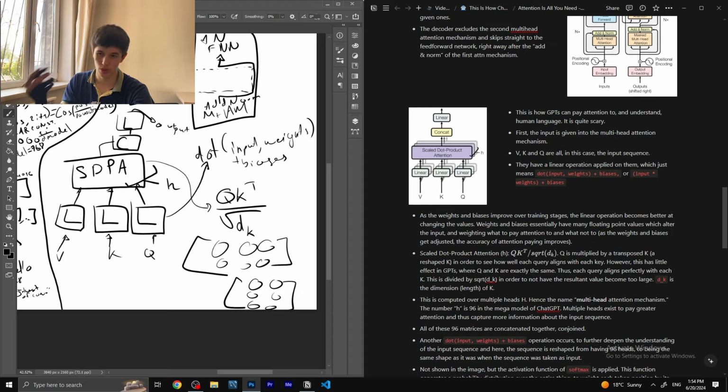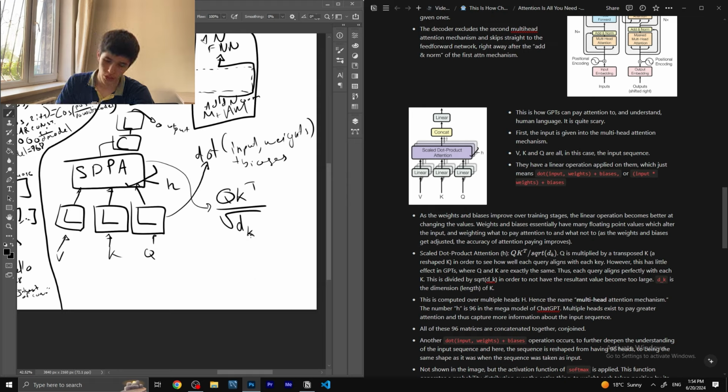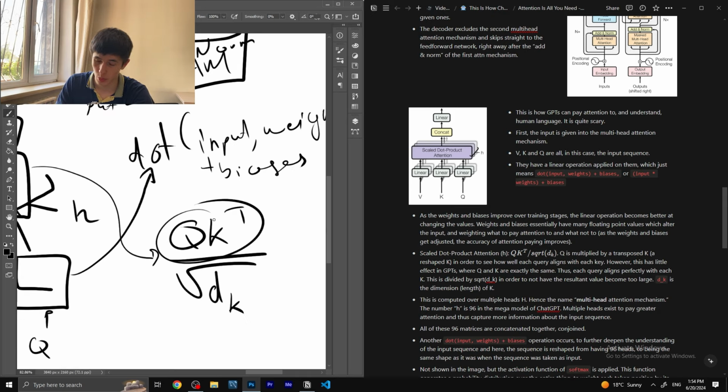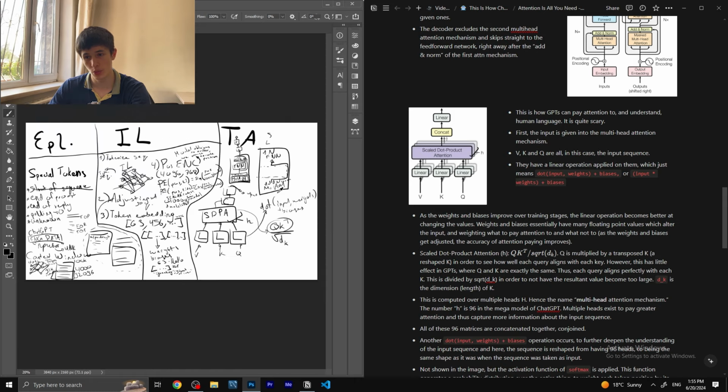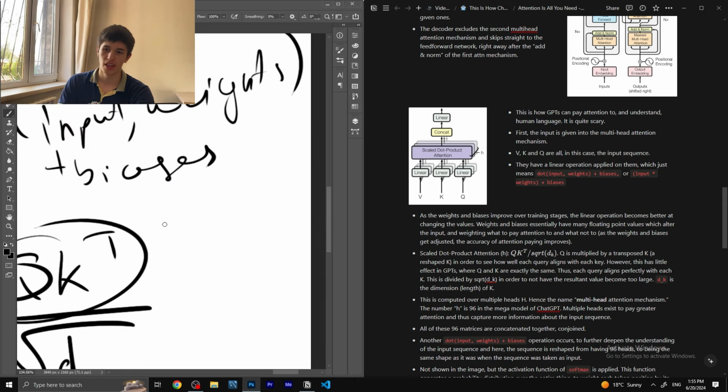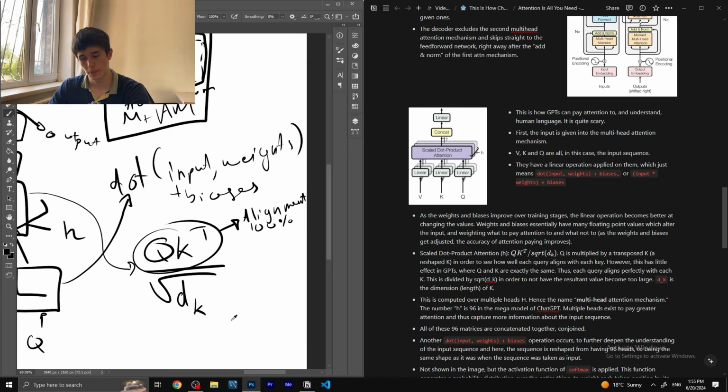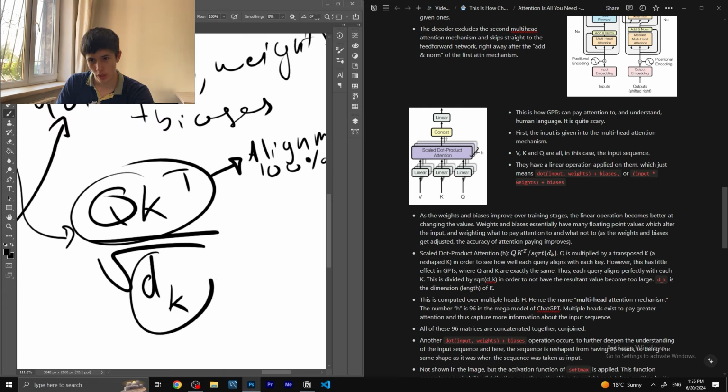This is done to alter the type of multiplication that occurs, but essentially Q times K^T is done so that we can know the alignment between the query and the key. In the case of GPTs, the alignment is exactly 100%, because Q is exactly identical to K.